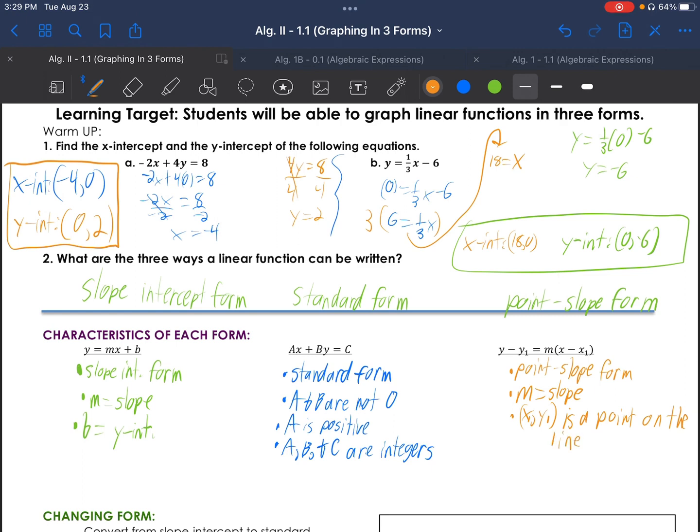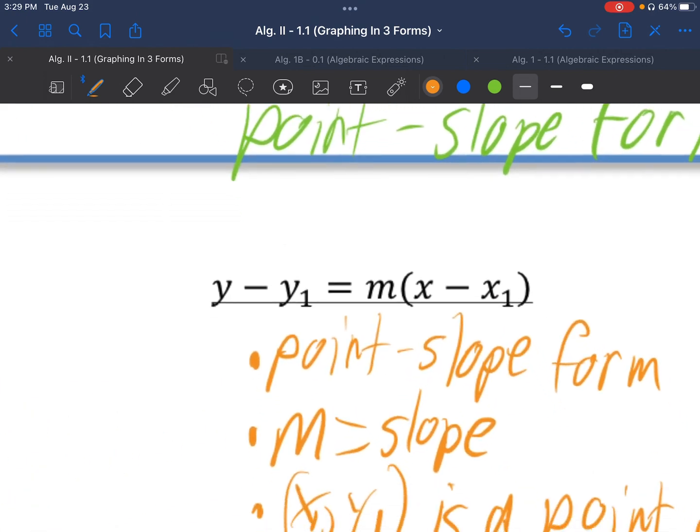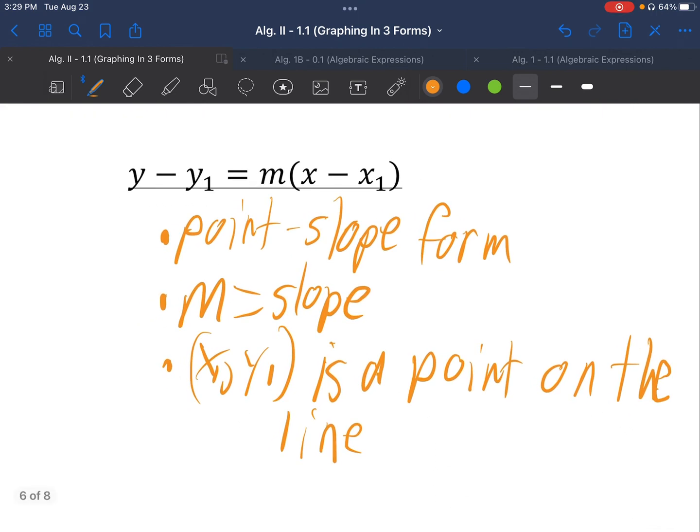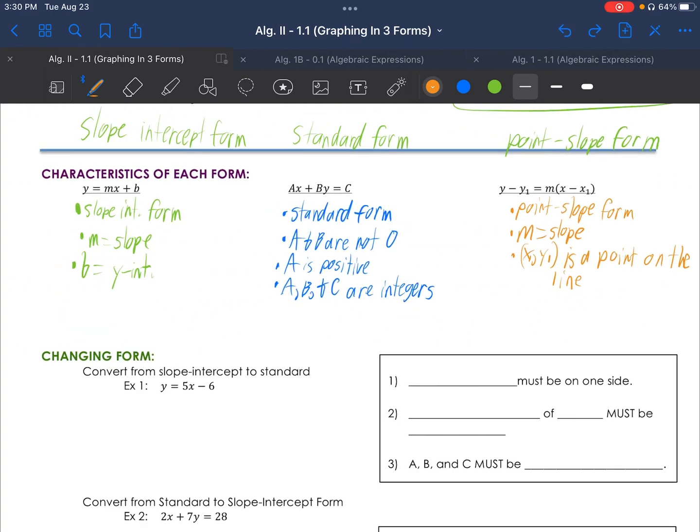It's important to note that in the equation for point-slope form, it's y minus y1 and x minus x1, meaning how it appears in your equation is the opposite of how actually the point is. So you might need to flip the sign when working with those.